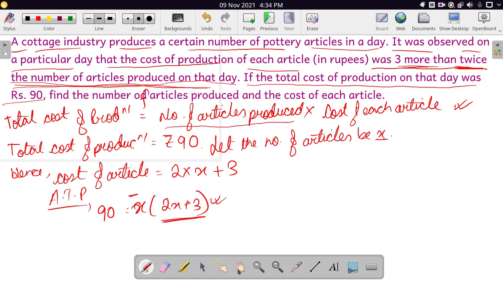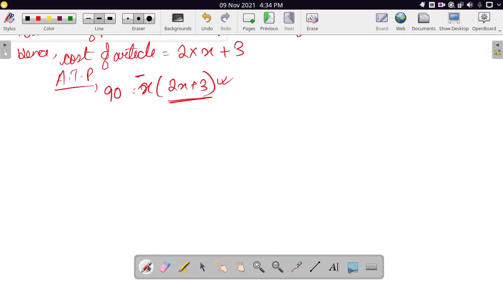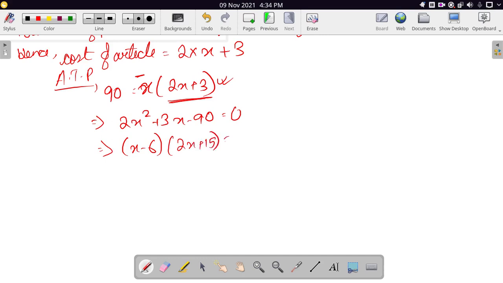So we have the equation. Now we will solve it. It comes out to be 2x squared plus 3x minus 90 is equal to 0. This is basically x minus 6, 2x plus 15 is equal to 0.